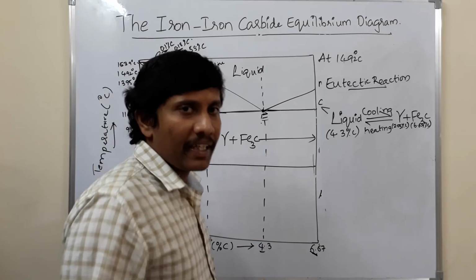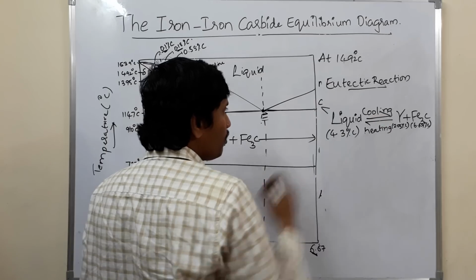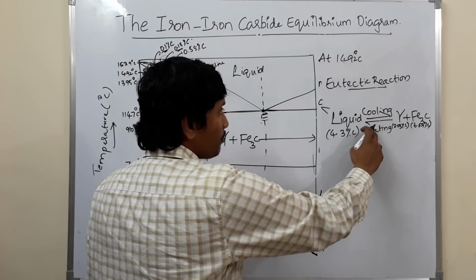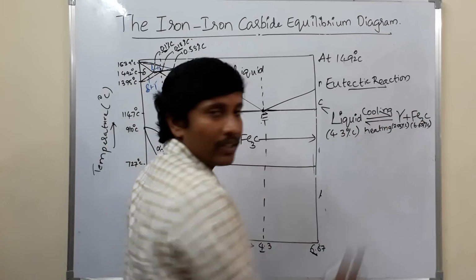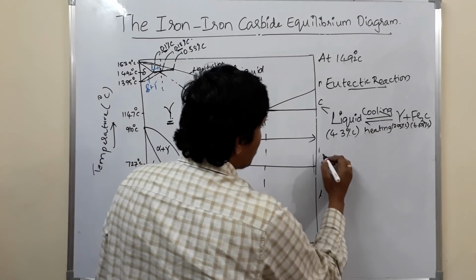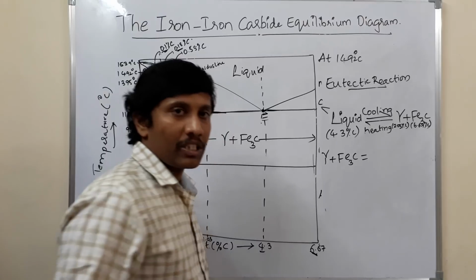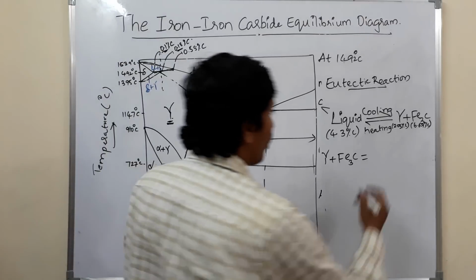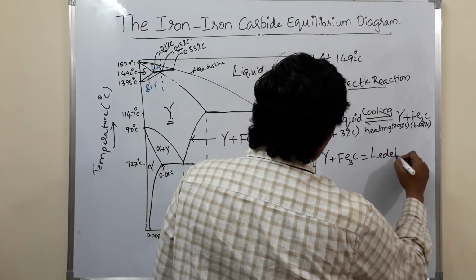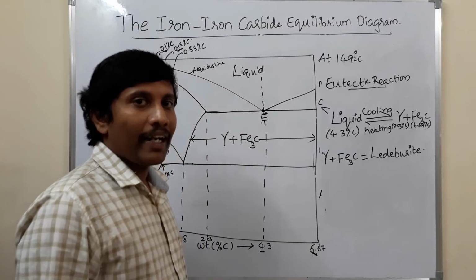So this invariant reaction is called eutectic reaction, where liquid transforms to gamma plus Fe3C. This mixture of austenite plus cementite is called ledeburite. Okay.